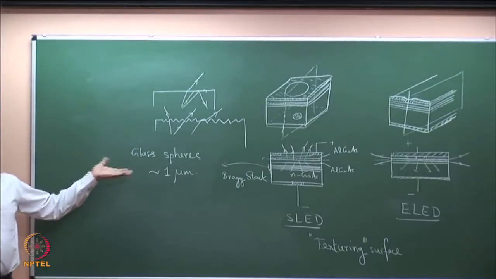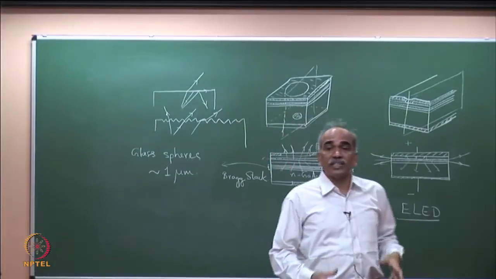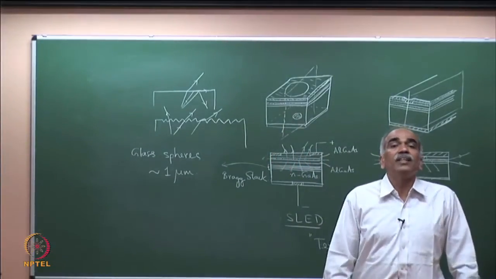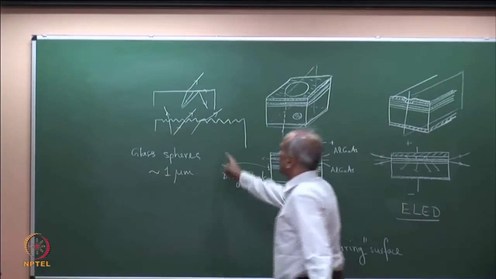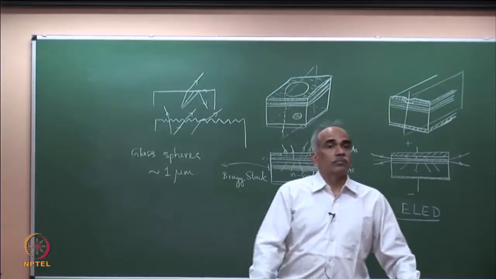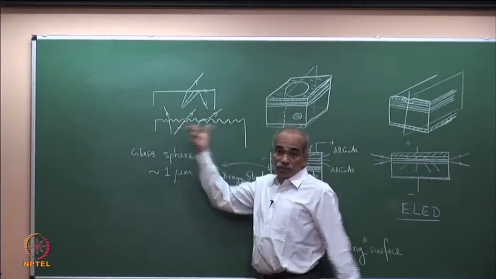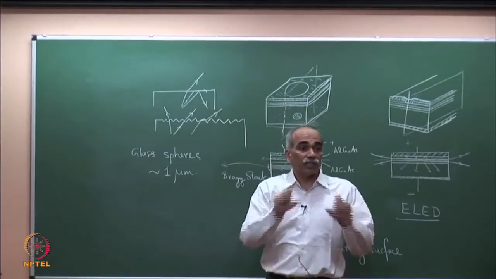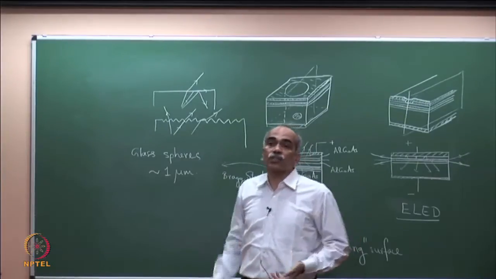Using this it has been shown that the extraction efficiency increases. The reflection losses can be reduced by using such structures. In fact, currently there is some research going on in using periodic photonic crystal structures on the surface to enhance the extraction efficiency.